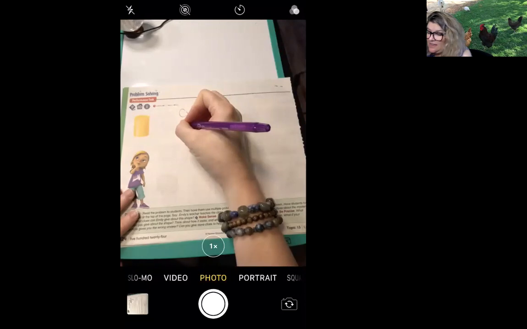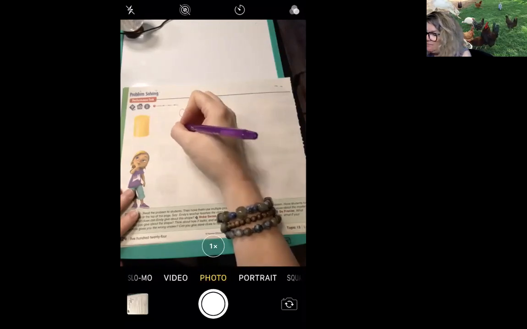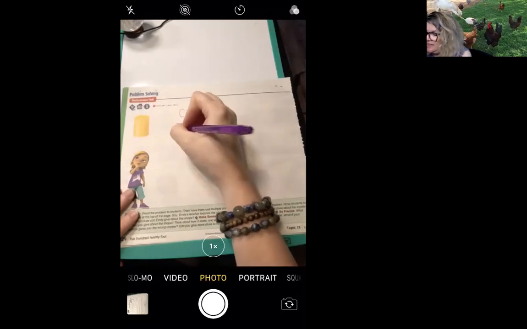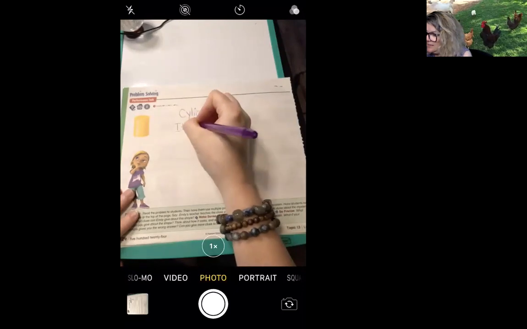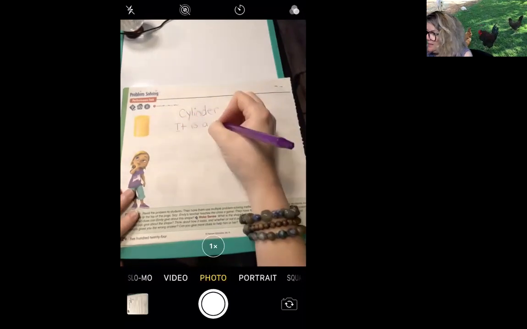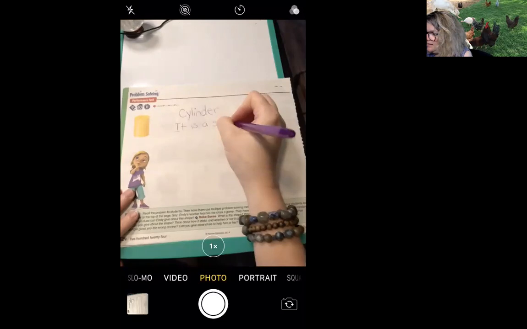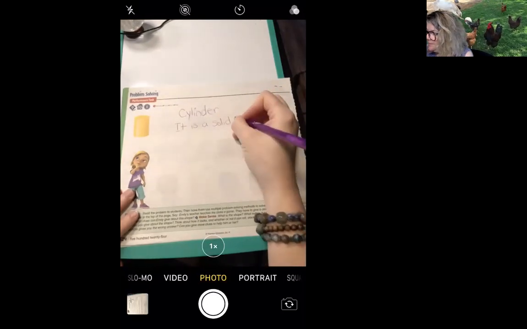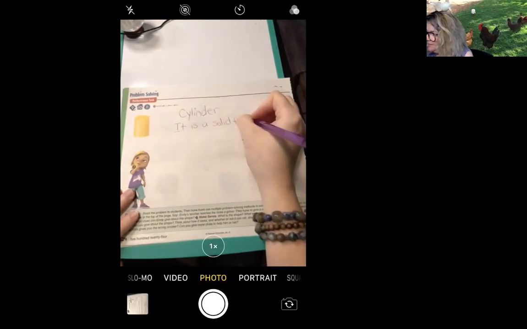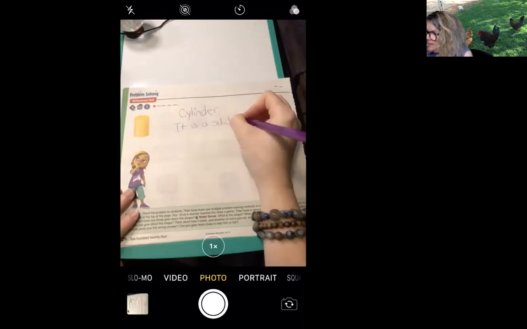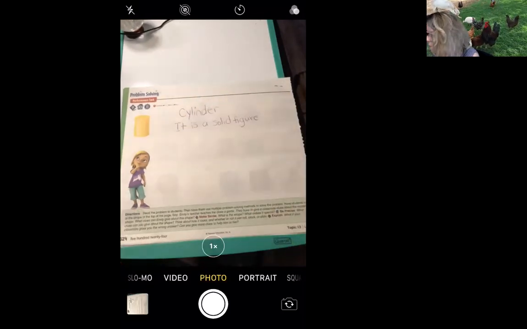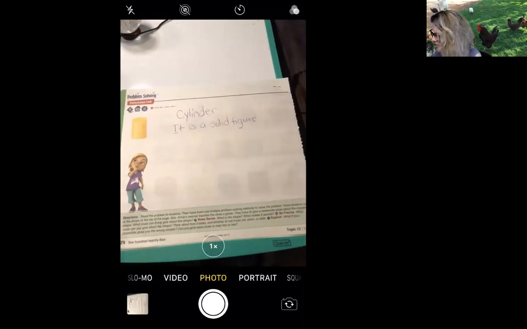All right, maybe I'm gonna say it is a solid figure. All right. And we're gonna give some clues, okay? So what clues can we give about this shape?